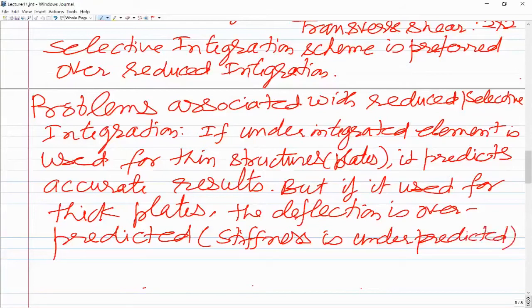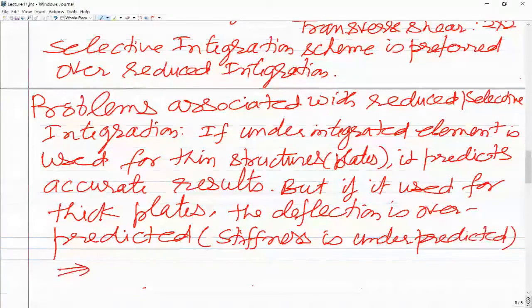Now what actually happens is that when you analyze only a single element, that means we take the stiffness matrix of the single element and find out its eigenvalues. Of course, you know that should represent rigid body modes, which means zero strain energy and zero frequency eigenvalues.